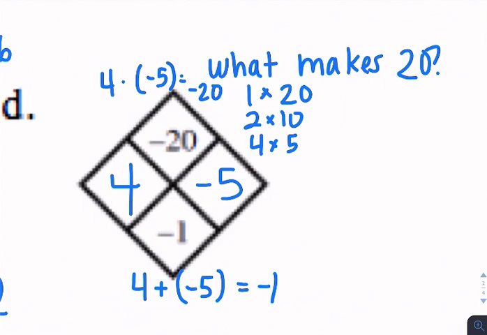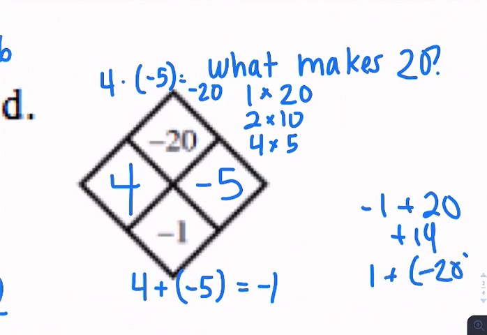So 1 is positive, 1 is negative, and I have 1 times 20, but when I do any combination of negative 1 and positive 20 or negative 20, positive 1, they don't add together to make negative 1. So I know that that doesn't work because if I did negative 1 plus positive 20, I'd get positive 19. If I do 1 plus negative 20, I'm going to get negative 19. Neither one of those is negative 1, so those do not work.